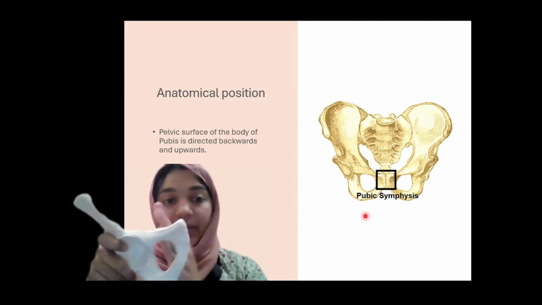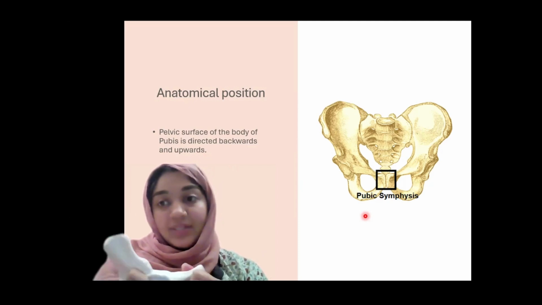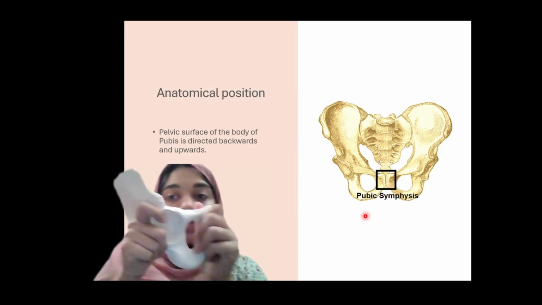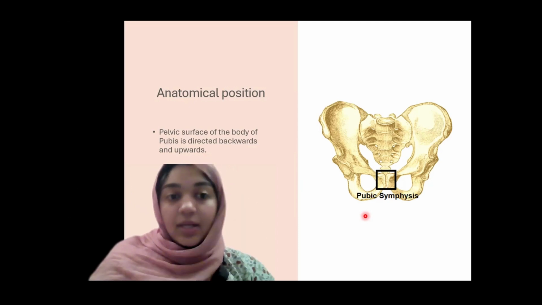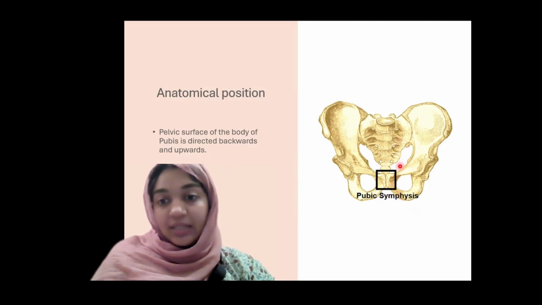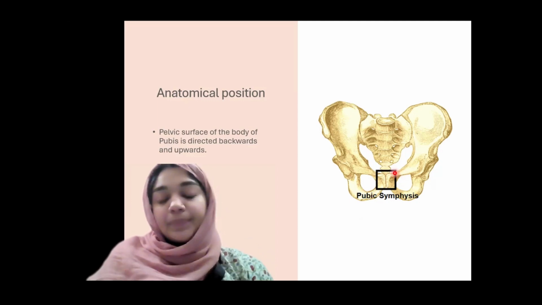There's a pelvic cavity behind it. So the pelvic surface of the body of pubis is directed backwards and upwards. Try to imagine that the pelvic cavity is located behind the pubic symphysis. That's what it's trying to say, that the pelvic cavity is behind it. So the body will be directed backwards and upwards, right?